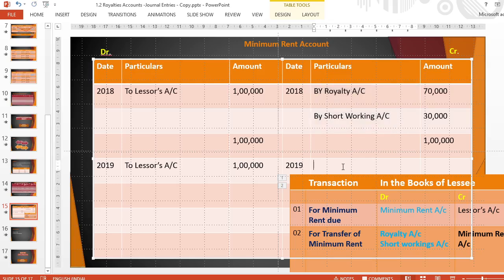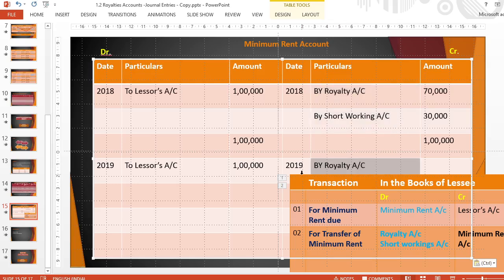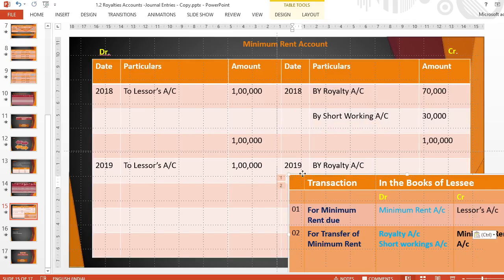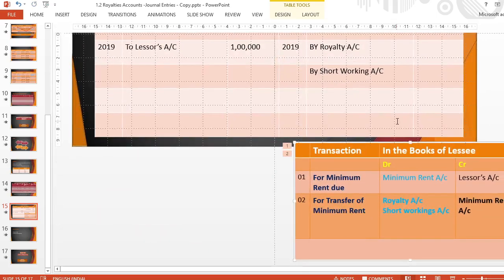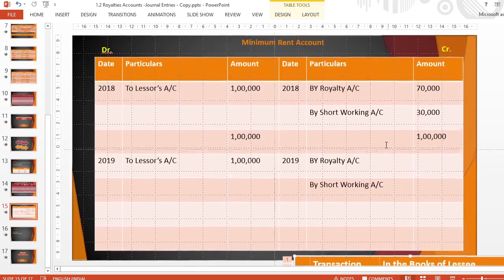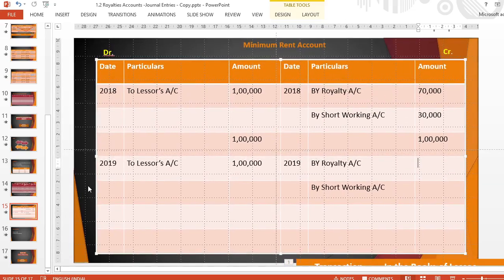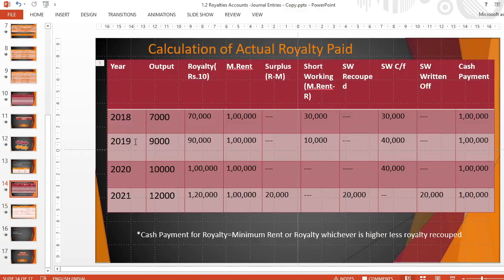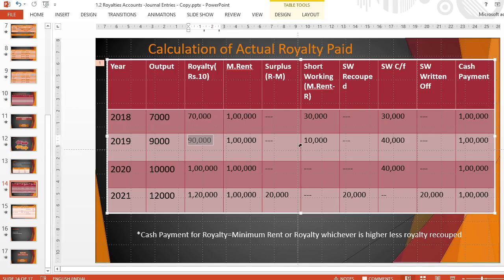So in 2019, again the same entries will repeat. I'll copy this one. But I need to record the amount. As far as the amount column, I should check the table. Here royalty column 2019 is 90,000 and short working 10,000.